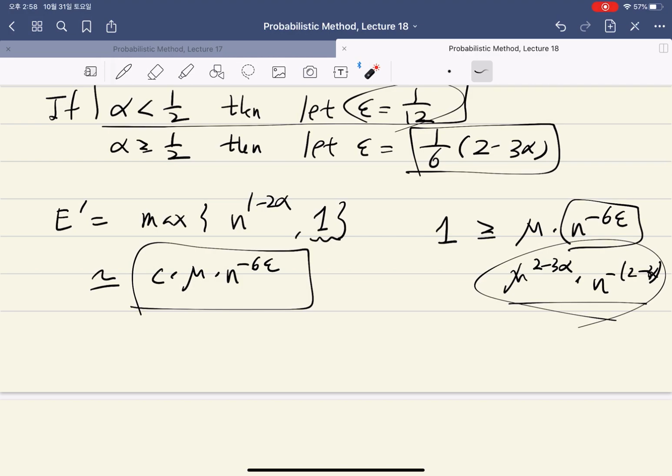And because of our choice, this is also roughly this.